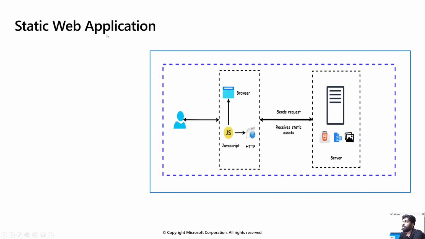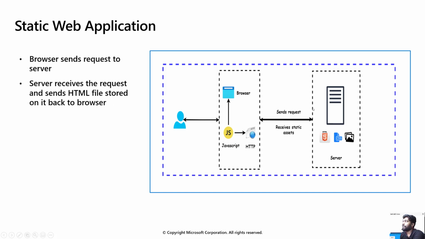Considering the static web application scenario, here the browser is going to send a request to the server, and once the request reaches the server, there are static assets that lie in this server itself, and you are going to serve this request with those static assets back to the browser.